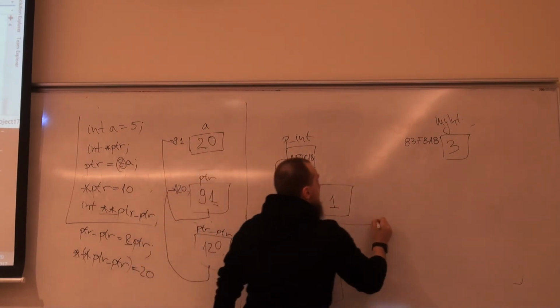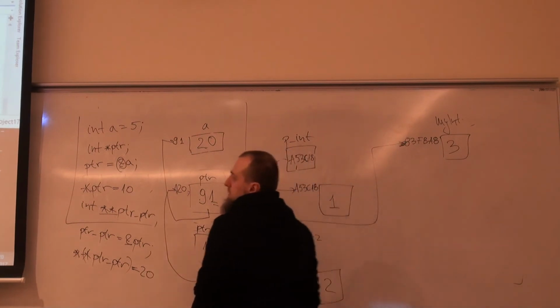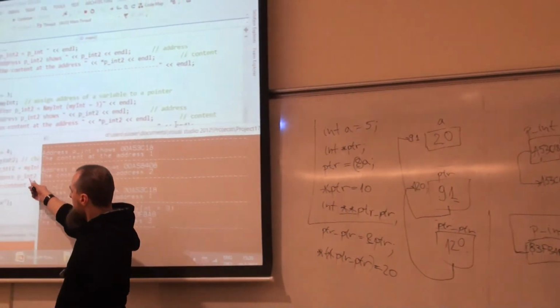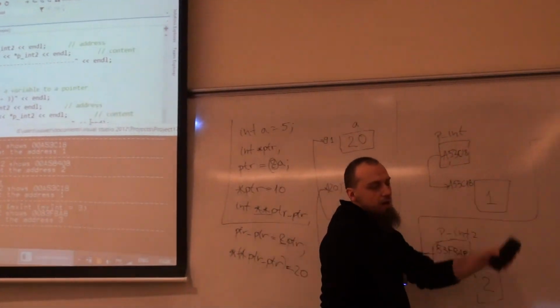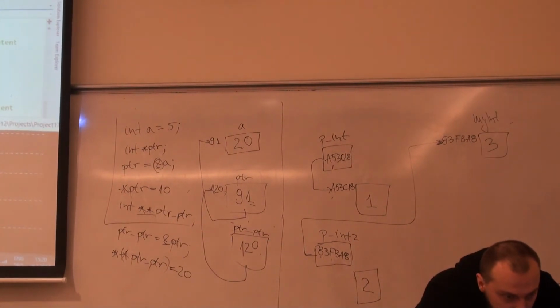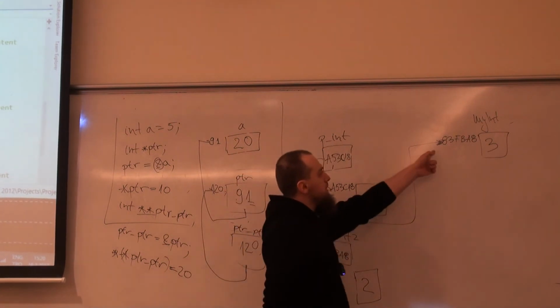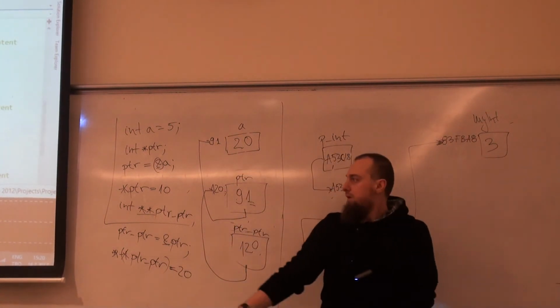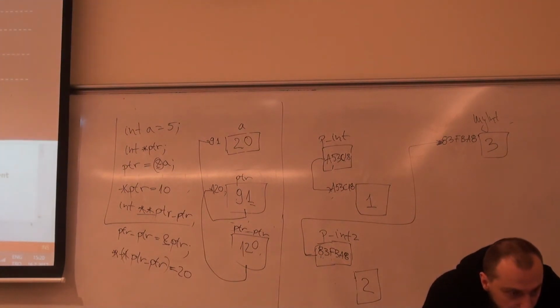And I'm pointing here. And I print the content, and what's the content of this guy? It's 3. That's why we print that the content at the address is 3. This is pointing here, and the content of that address is 3. And I've printed 3. I can put it here.